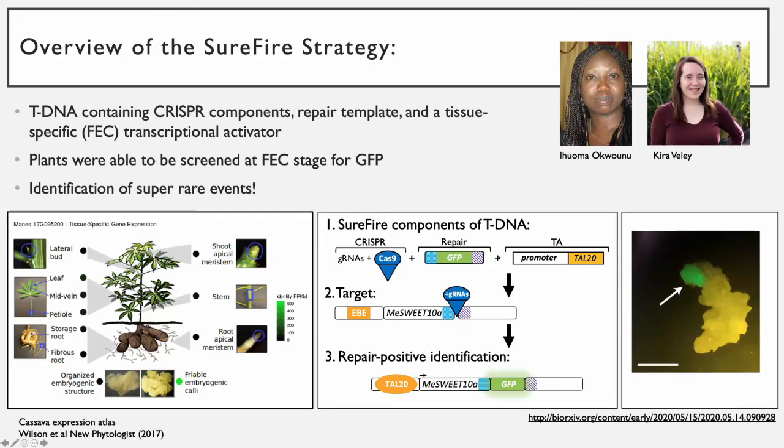These reagents were introduced into cassava FEC cells, and then during the tissue culture pipeline, very early in that process, we were able to screen for GFP-positive cells and isolate specifically those cells to regenerate cassava. And so really the important thing here is that it allowed us to identify super rare events.